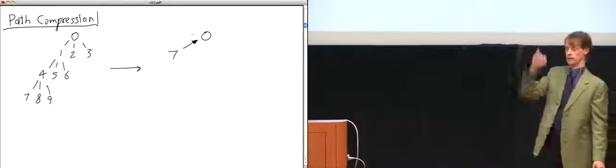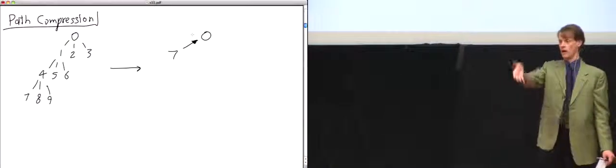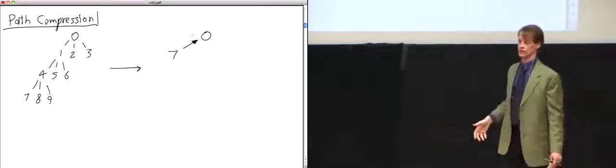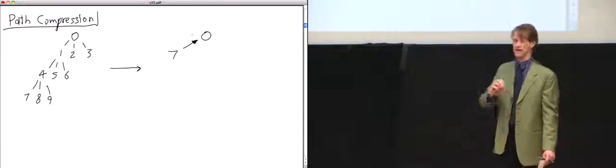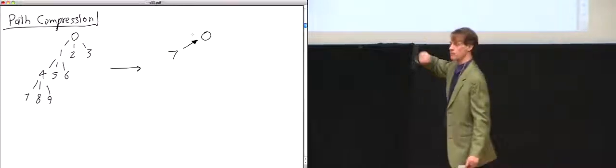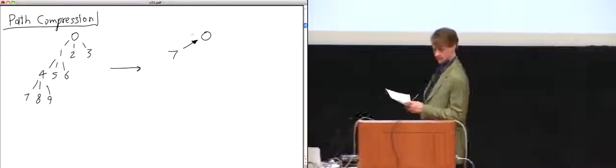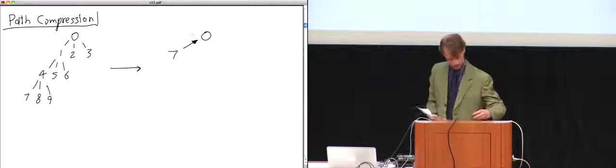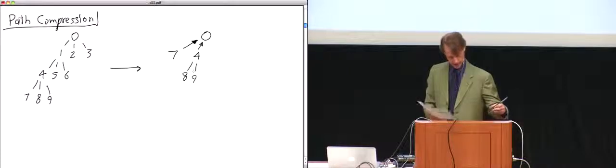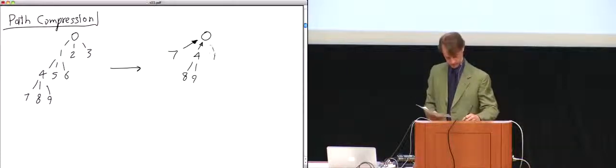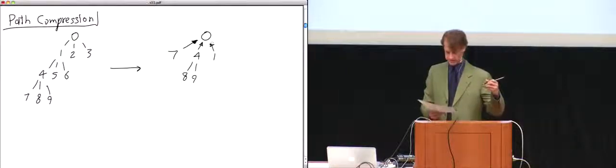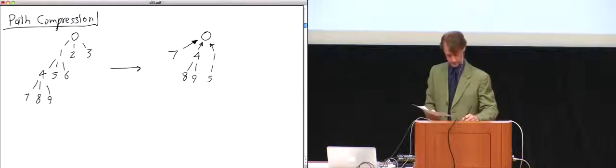As I walk from some deep node up some path to get to the root, why not compress everything along the way, make them all point to the same root? So now the 4 is also going to point to the 0. And the 1 will point to the 0, though it already did.